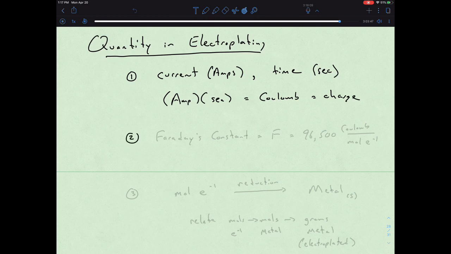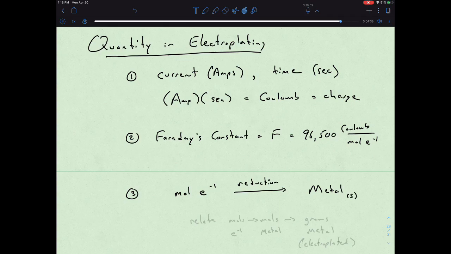Well, to then relate it to the quantity in electroplating, we need Faraday's constant. Remember, Faraday's constant is F, and this is 96,500 coulombs per mole of electrons. And so it's with this idea of moles of electrons and reduction where we're getting our metal into that solid state as far as electroplating is concerned.